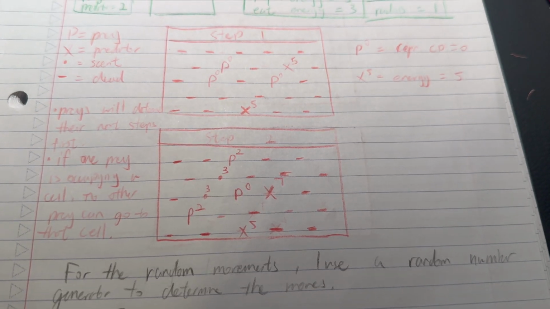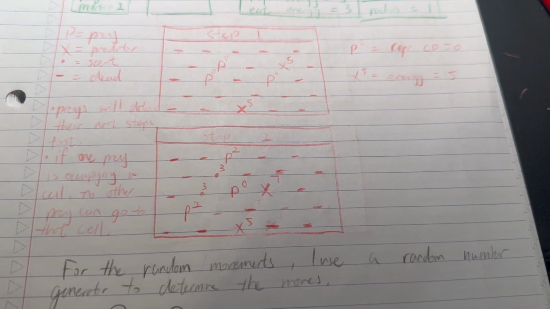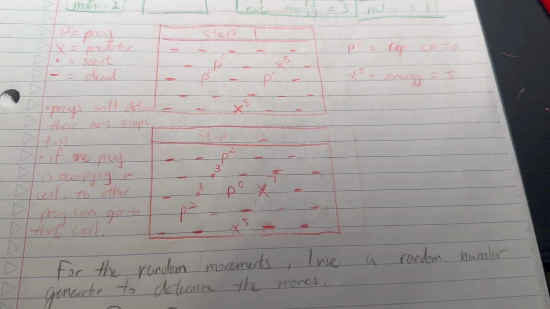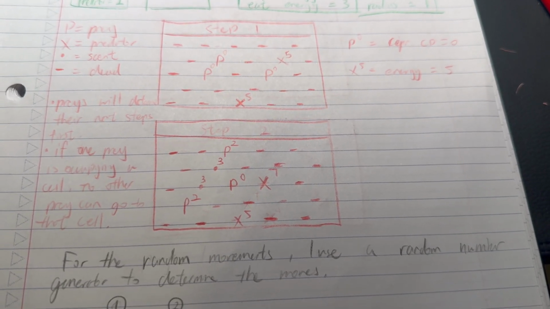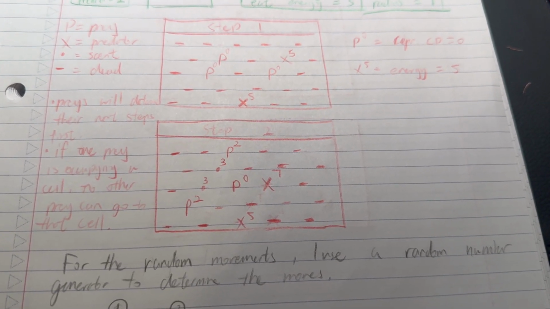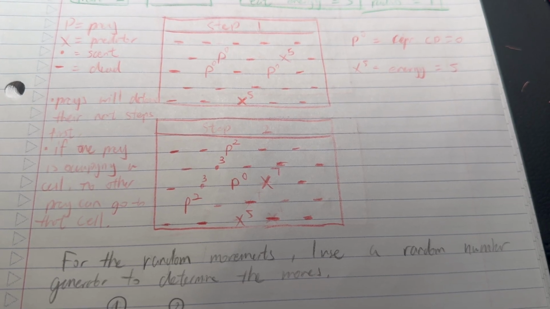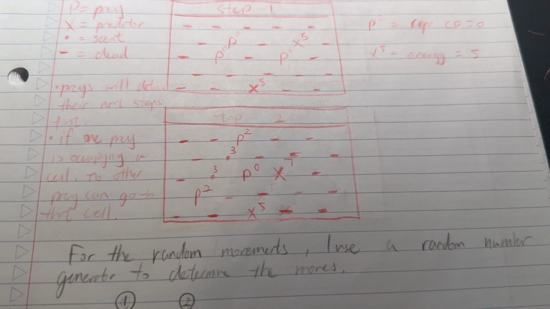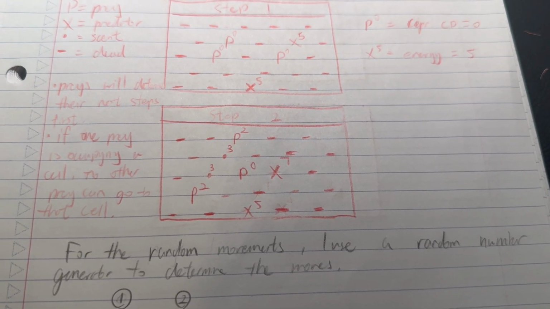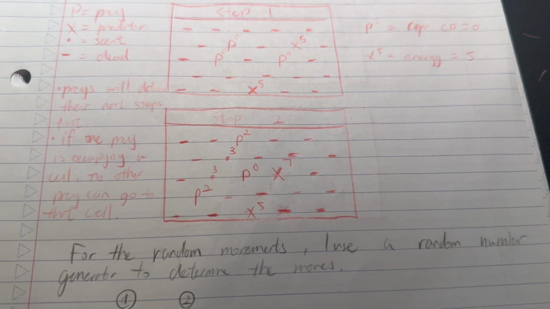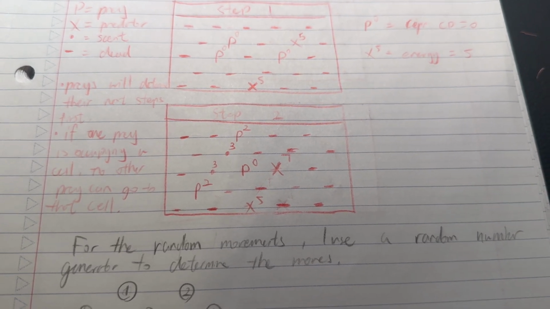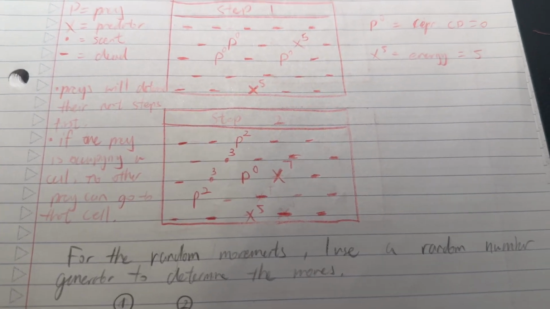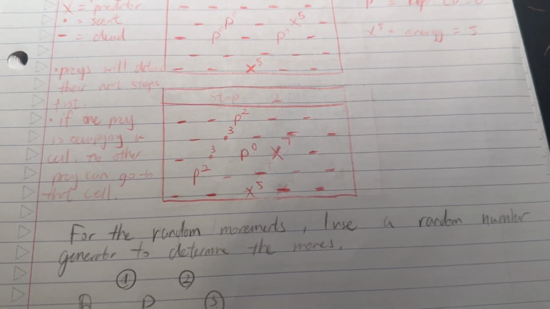So here, first of all, the prey on the second row and the third row reproduced and produced a new prey on the third row there, P0. And then the 2 parent preys move to a new position based on the random number that was generated.